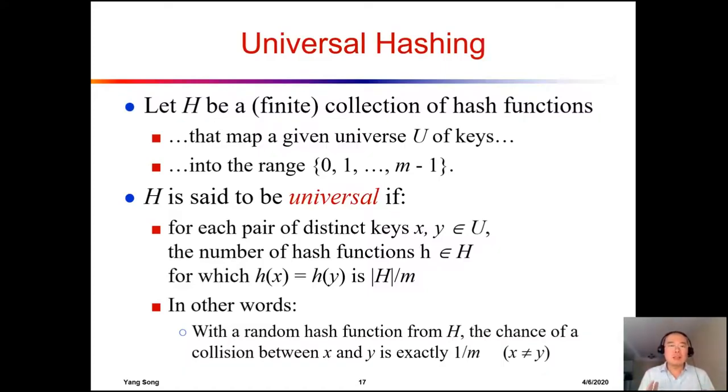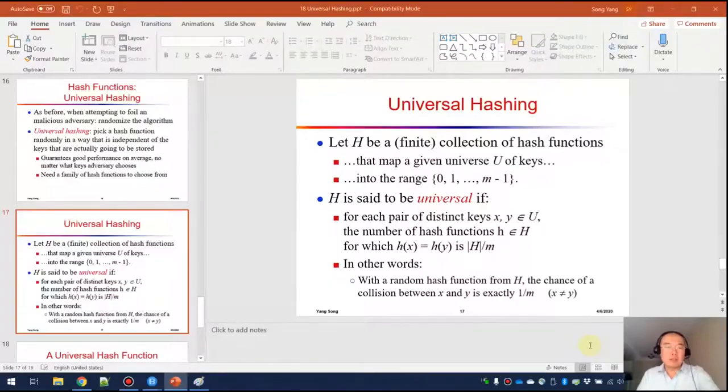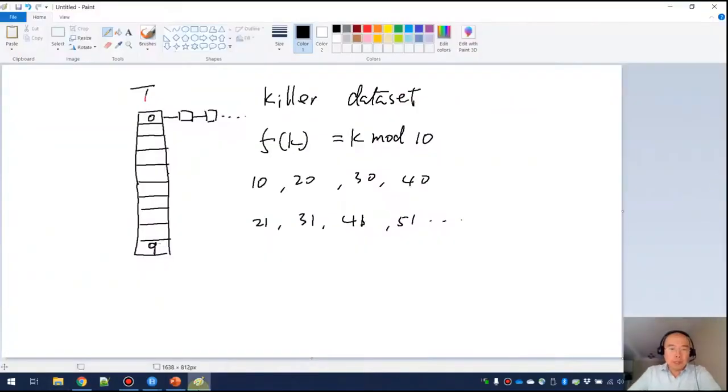Okay, so if we have this kind of hash functions, and then we have a collection of the good universal hashing functions. Let me give you a bad example. If we have a function f_bad(k), well, return 1.